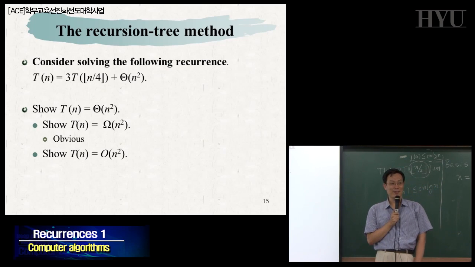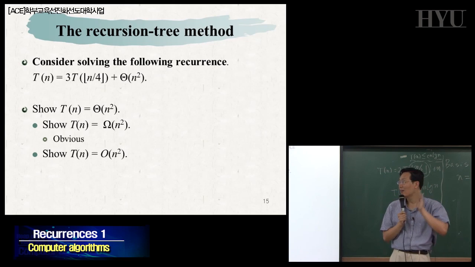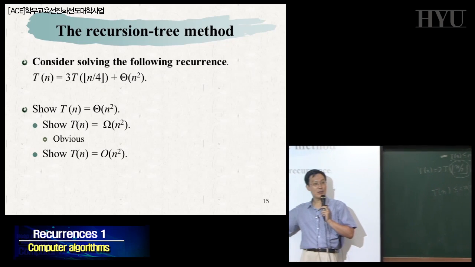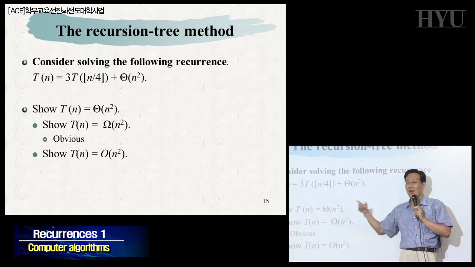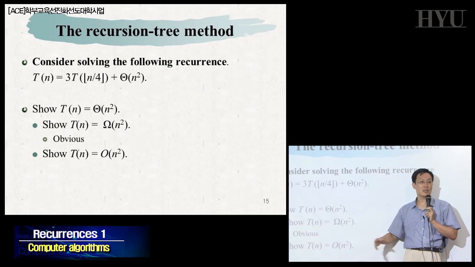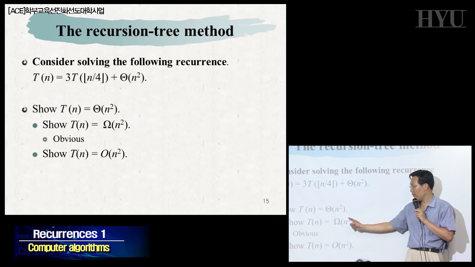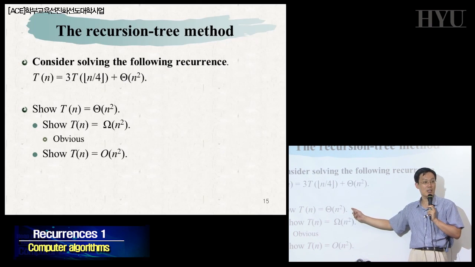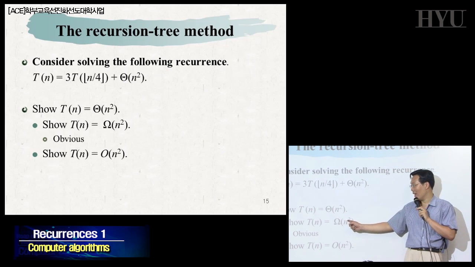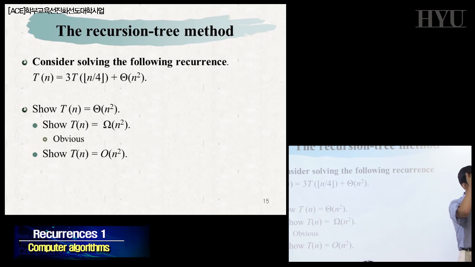I mean that we have to show this. We are going to prove this. But proving this directly is difficult. So we've proved this, and the conclusion is this. So I'm asking you, how can you find T of n is omega of n squared?